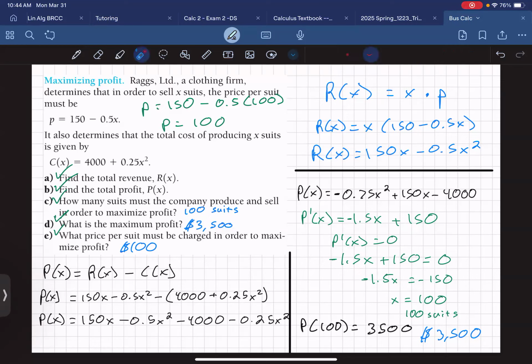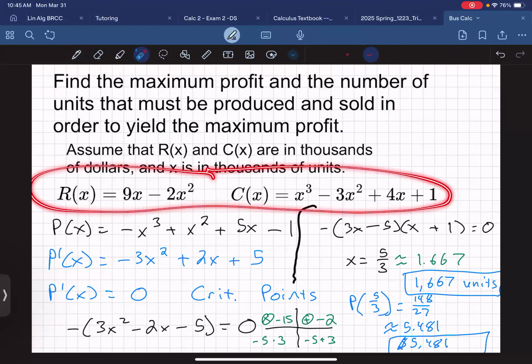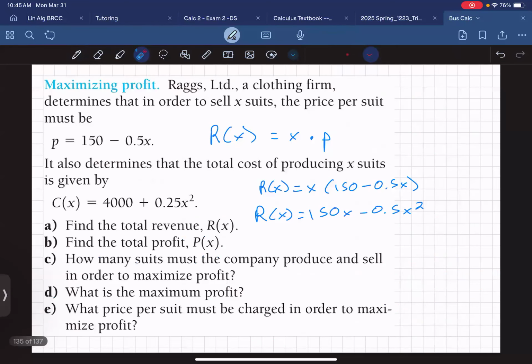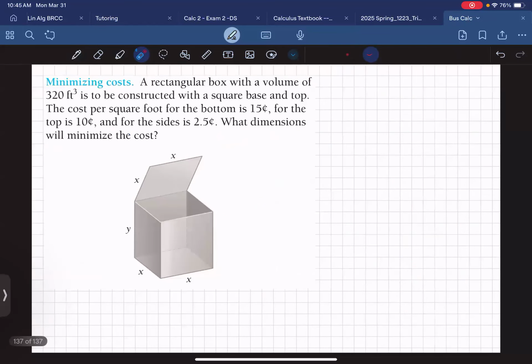All right, just to summarize then, make sure you see we were talking about total profit again. The difference between this one and the previous one is here I gave you both the revenue and cost functions, where sometimes you're not going to be given both of them. If I had time, I had a minimizing cost one, but that's where we're going to pick up.